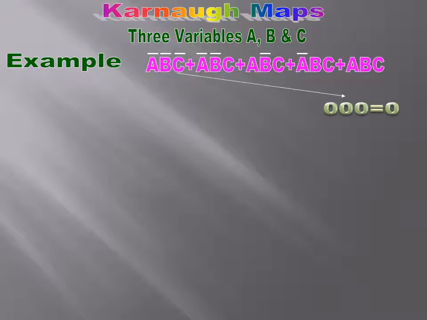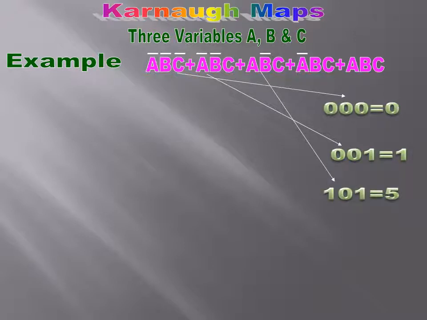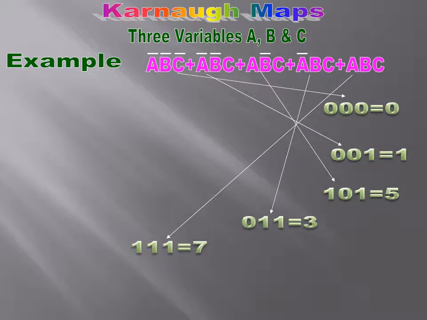If I check, a naught b naught c naught actually means 0 0 0, all zeros, which represents the 0 term. The second is 0 0 1, which represents 1. And a b naught c is 1 0 1, which represents 5. In the same way, 0 1 1 represents 3 and a b c represents 7.